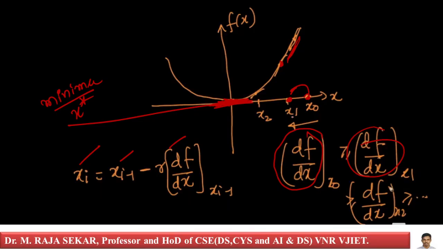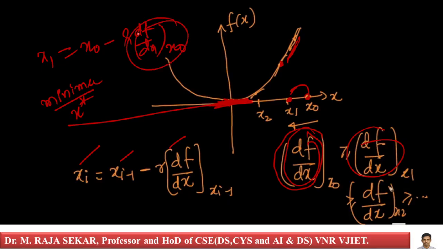Why? Because df by dx at x0 is bigger. For finding x1, the formula is x1 equals x0 minus r into df by dx at x0. df by dx at x0 is bigger than df by dx at x1, so the jump from x0 to x1 is bigger than the jump from x1 to x2.